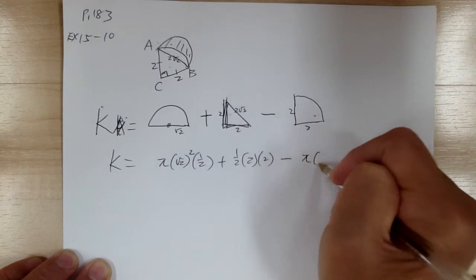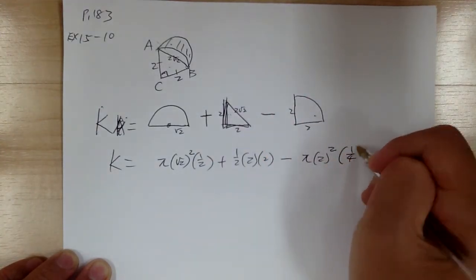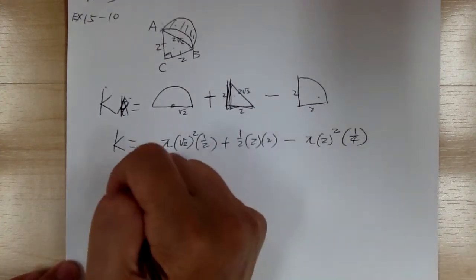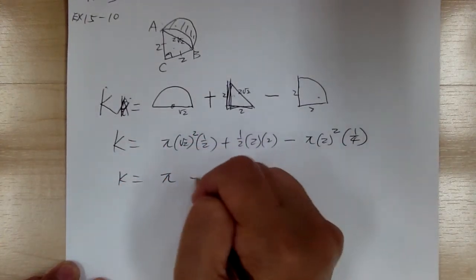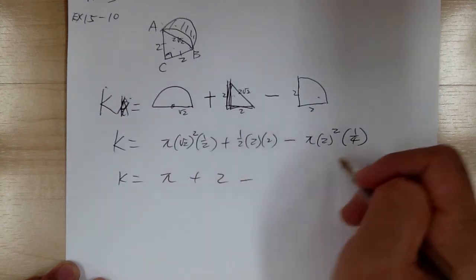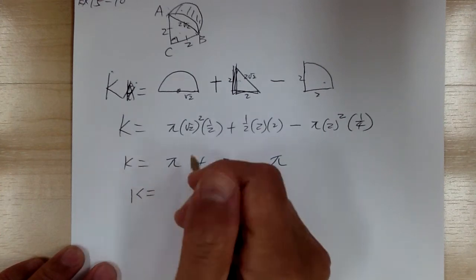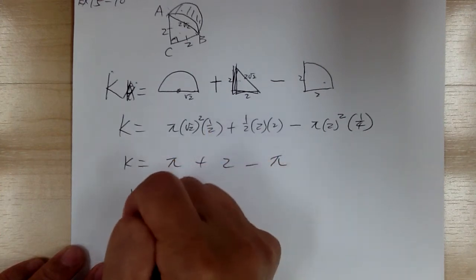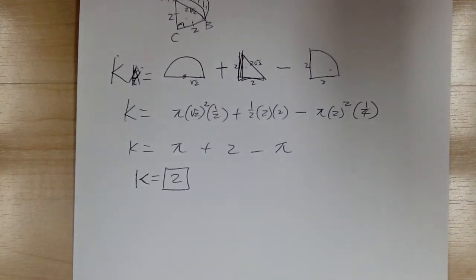So it'd be pi r square, and it's only 1/4 of the circle, so times 1/4. Go and work it out. So this will equal pi plus 2 minus pi. So K equals 2. Okay, and that's it.